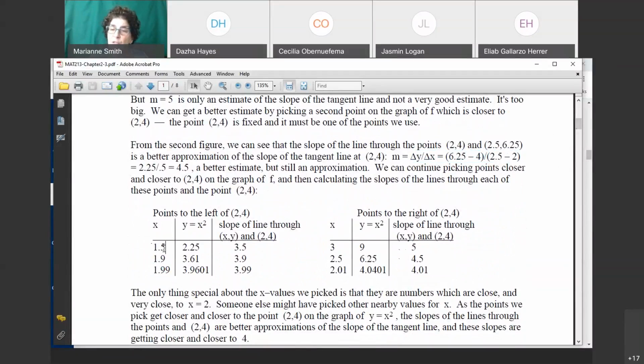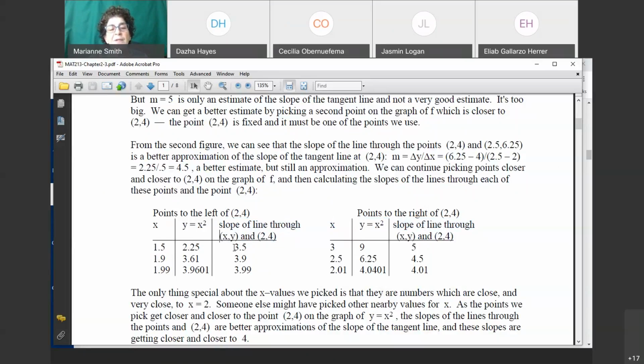How'd they get them? They squared the x, right? Because we started out with a function y equals x squared. Then they're calculating the slope of a line through x, y, and 2, 4. How are they doing that? Well, this is going to be x2, y2, and then 2, 4 will be x1, y1.